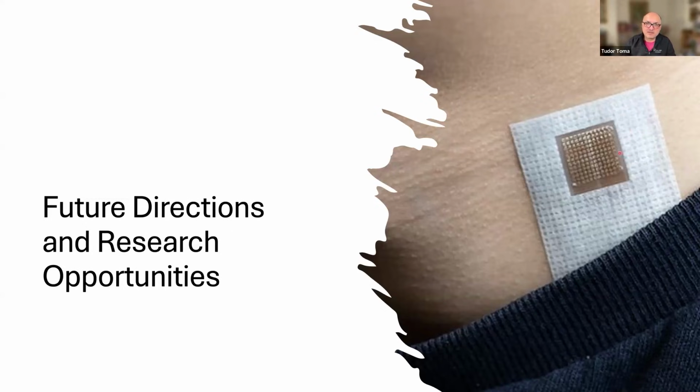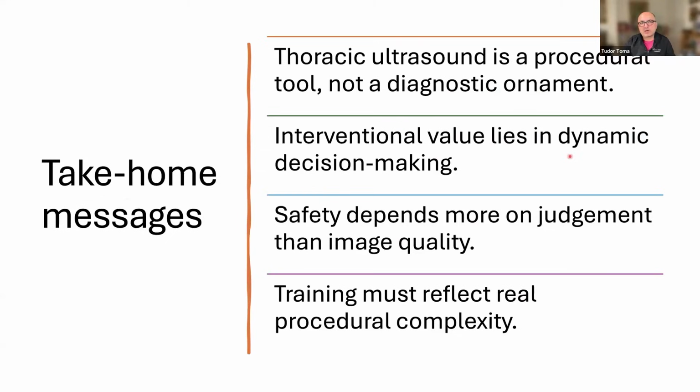I think it's a very interesting development of the technology. It also probably reduces the cost of the ultrasound, and it's something that we need to watch out for. So I will conclude with the following.